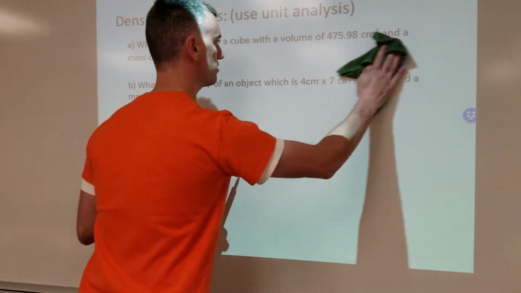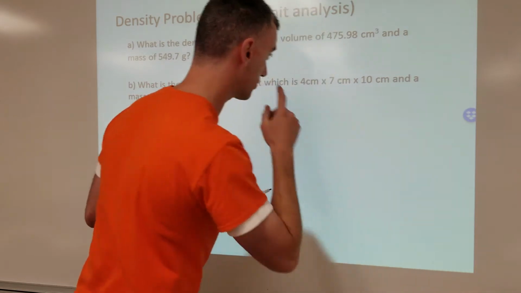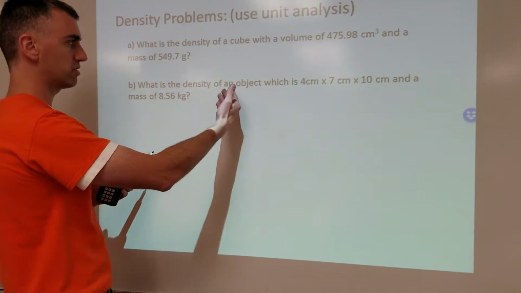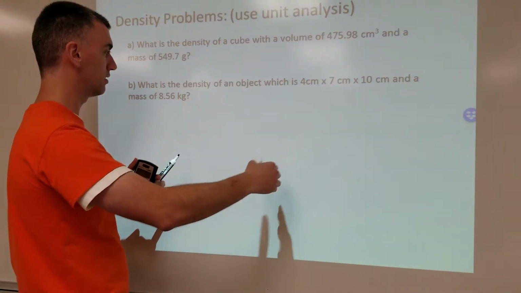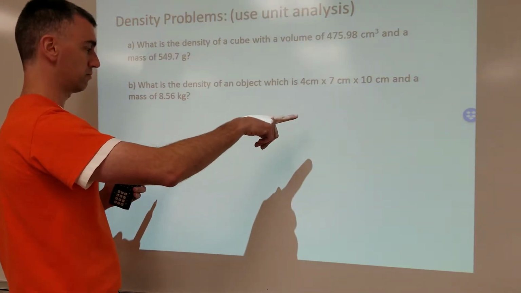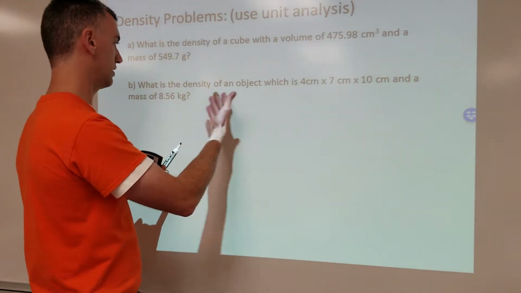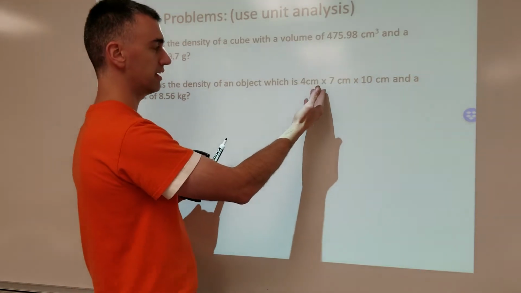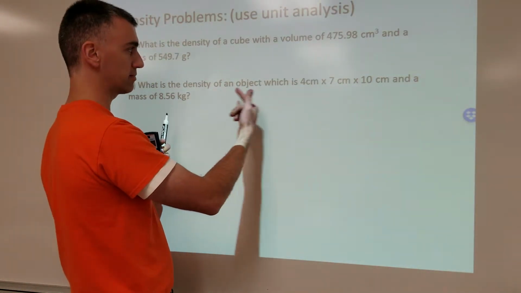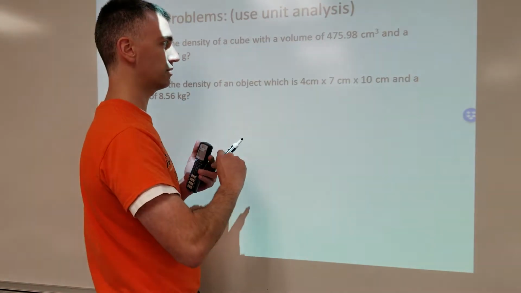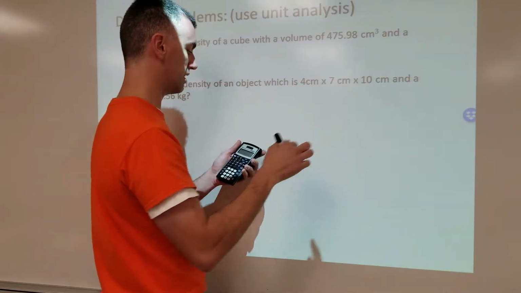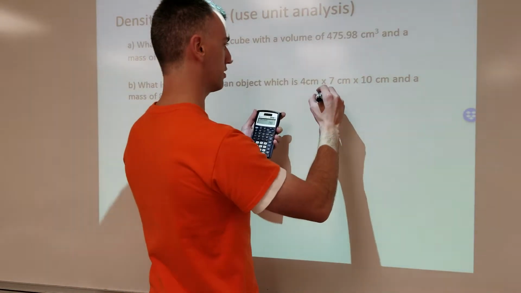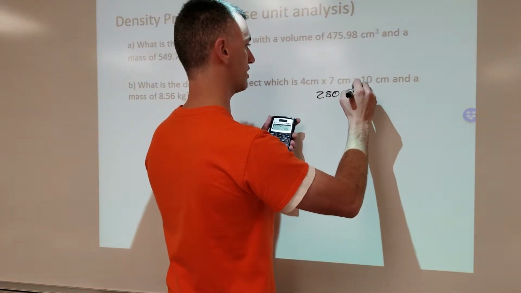In terms of this, sometimes we got trickiness where some conversion has to happen. First of all, you need to divide mass divided by volume. In this case, it doesn't really ask you what units it wants for density, so you can reply in kilograms per cubic centimeter, but the volume is not in cubic centimeters yet. So you need to take 4 times 7 times 10, and that's 280 cubic centimeters.